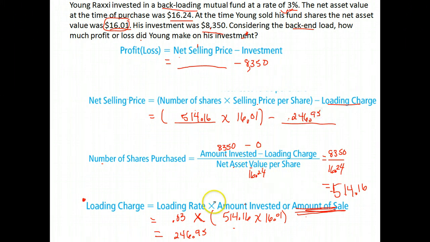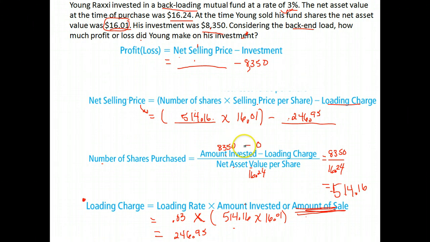Okay, now we can come back up and calculate our net selling price, and once we have that, we can put it in up here. We use order of operations, so take the 514.16 times 16.01 first. We do multiplication first and subtraction second.